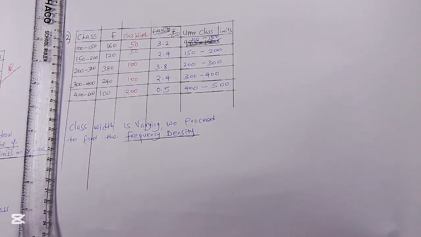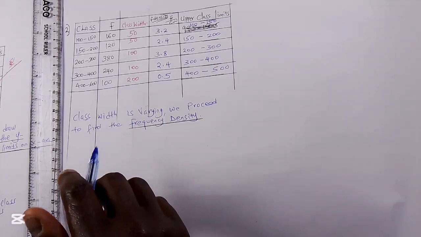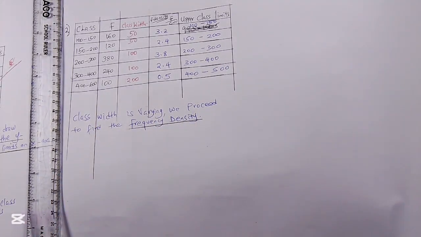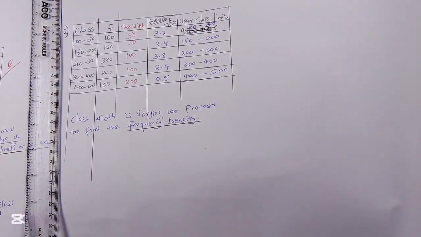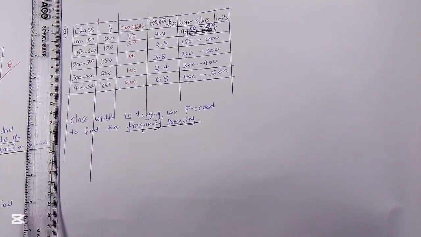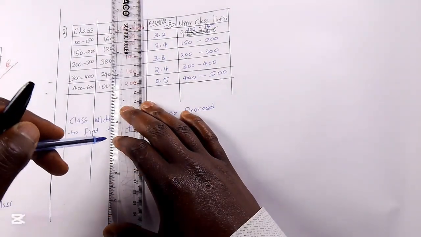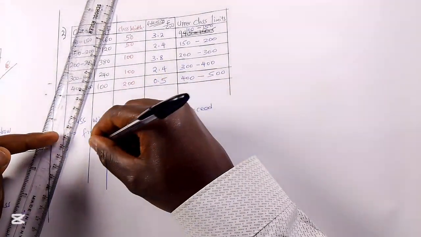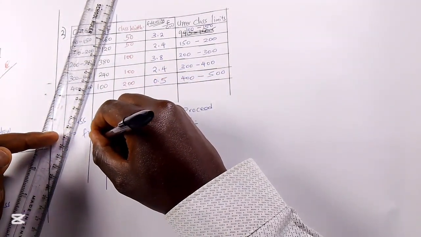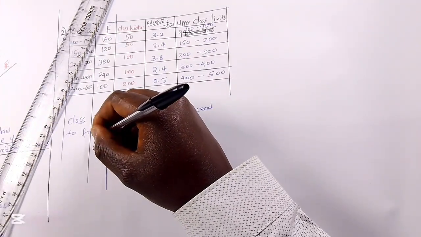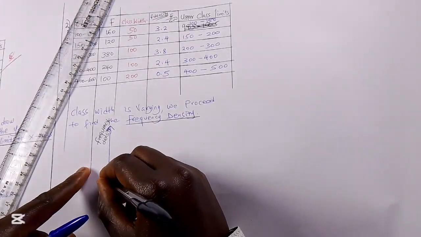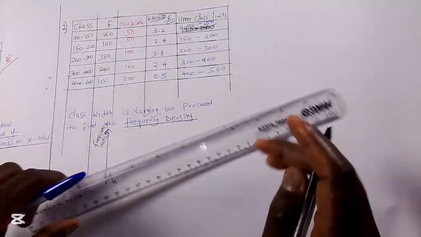So having said that the class width is varying, we proceed to find the frequency density. For us now to draw the histogram, we will draw a histogram in which frequency density is on the y-axis against class limits.